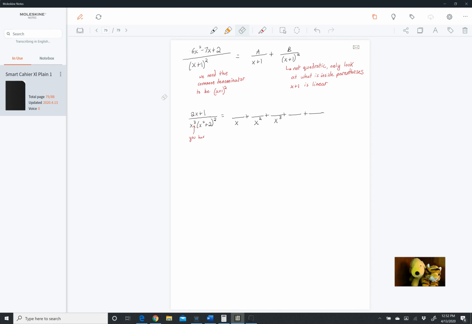So you have denominators of each power of x until you reach 3. Again, it has to do with the fact that your common denominator would have an x cubed in it, okay? So we have x squared, x cubed, and then we're going to do the same thing with the x squared plus 2. You have an x squared plus 2 to the first and an x squared plus 2 to the second.